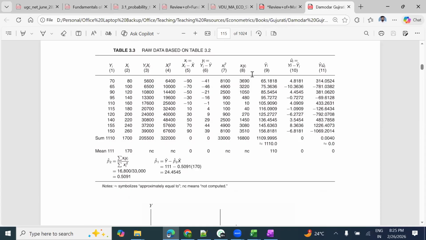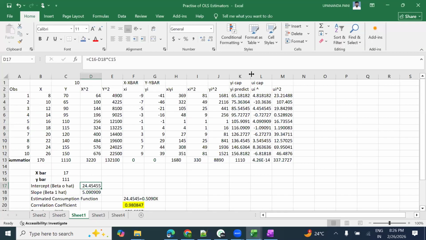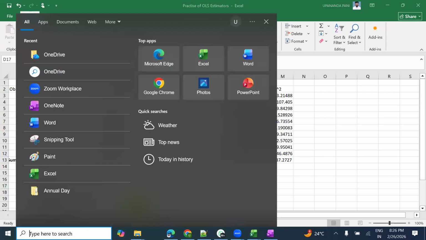In this 3.3, you can enter y, because this one I am doing from table 2.4, if you remember, from the Gretl data. I'll just show you.